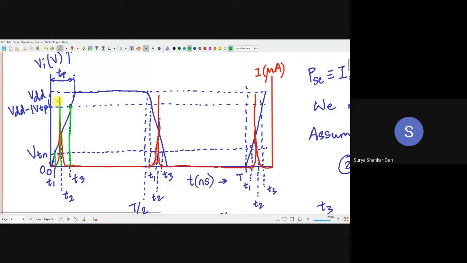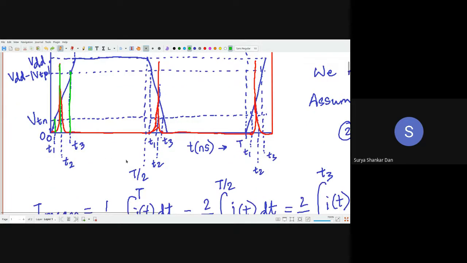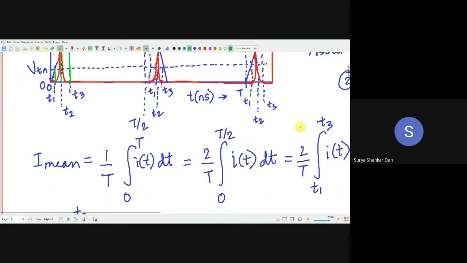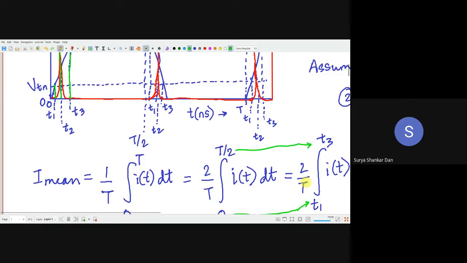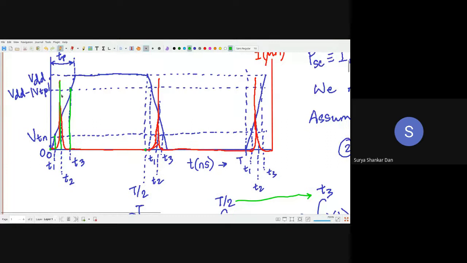So the first approximation we have done is that beyond T1 and T3, there is no current here. That's why from T by 2, I simply put it to T3. From 0, I put it to T1. So this is 0 here. This is your T by 2 over here. So what we said is that up to T1 there is no approximation being made.